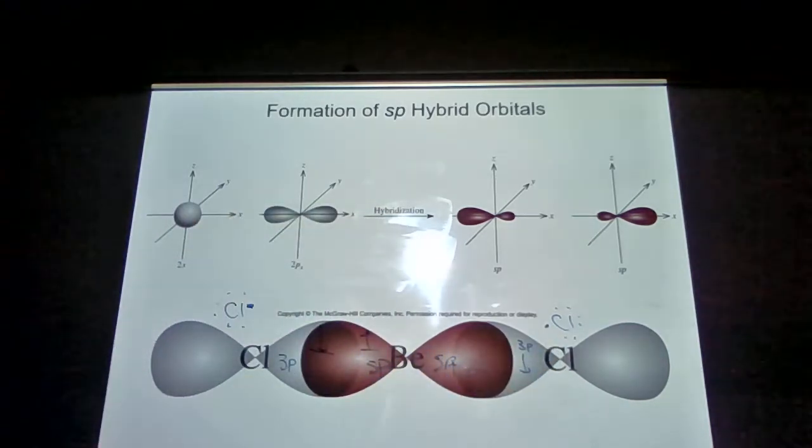This is an unhybridized 3p orbital on chlorine. Why?